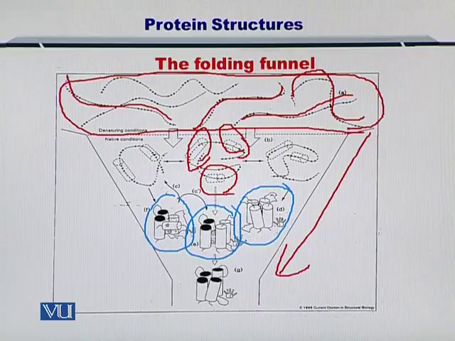And then these proteins can also make complexes and eventually arrive at the final structure. So this is called a folding funnel, wherein an unfolded protein has a lot more choices as compared with a folded protein towards getting folded.